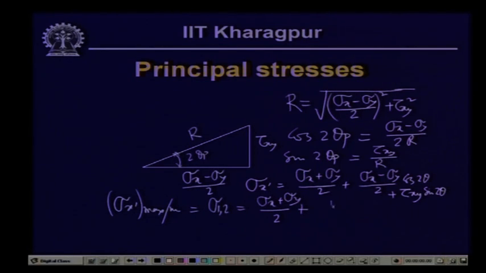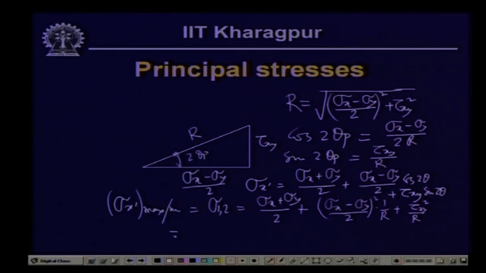So, this gives us sigma x minus sigma y by 2 squared times 1 by r plus tau x y squared by r.